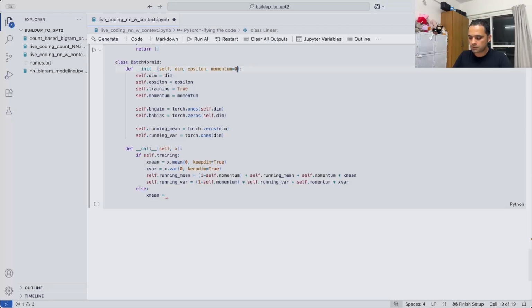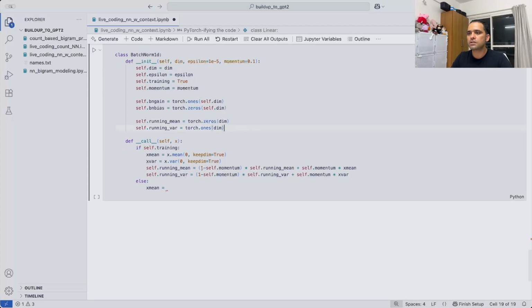Momentum is 0.1, epsilon is 1e-5. So the majority portion, 1 minus self.momentum, is 0.9 times the running mean and 0.1 times x mean. We'll keep on adding x mean here. So we have calculated a running mean and variance, and we'll keep updating them with a small proportion coming from the current batch's mean or variance.